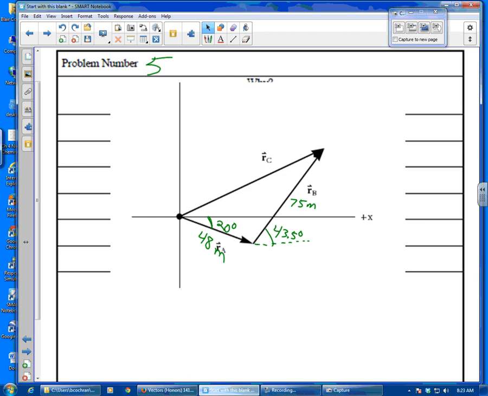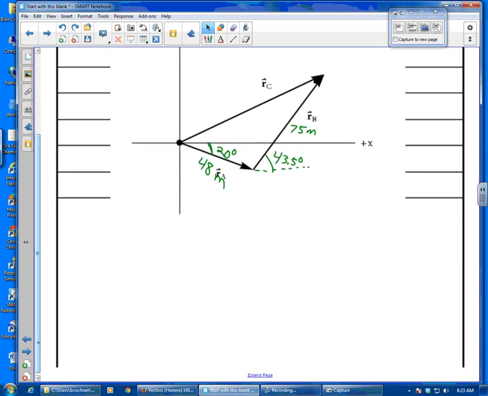So I'm going to add these two vectors, but to do that, I'm going to do it by components. So what I'm looking for, I'm going to break these out. Let's see. We'll do RA. This is RA.